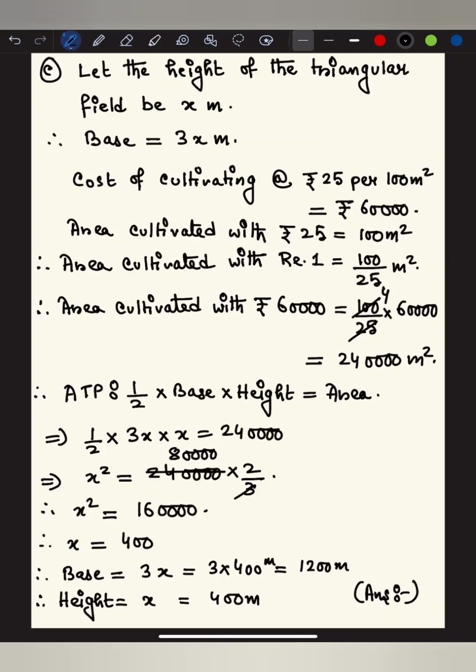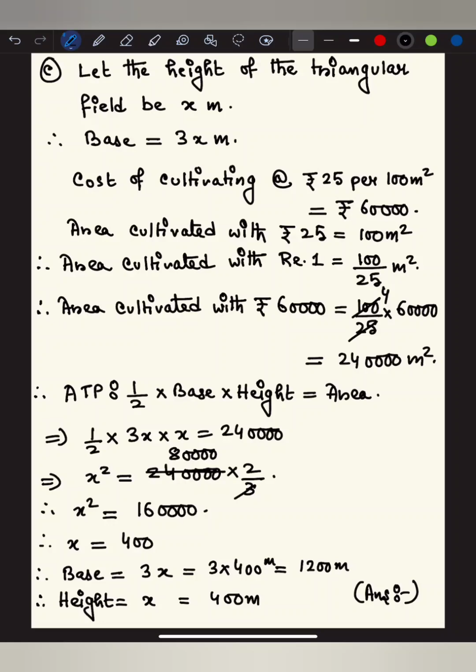Now we are told that the cost of cultivating the field at the rate of rupees 25 per 100 meter square is rupees 60,000. Find its base and height. So first of all, cost of cultivating at the rate of rupees 25 per 100 meter square equals rupees 60,000.